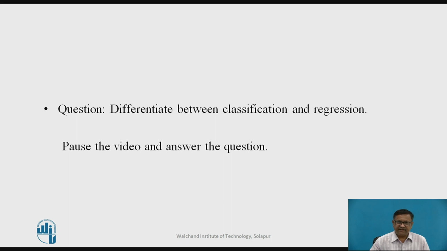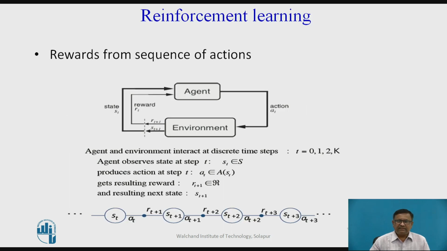The third is reinforcement learning, where a reward or punishment can occur from a sequence of actions. If you look at this diagram, this is the environment and this is the agent.